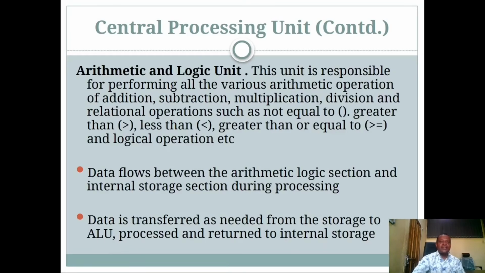Now let's look at the other subunit. We call it the arithmetic and logic unit, ALU.